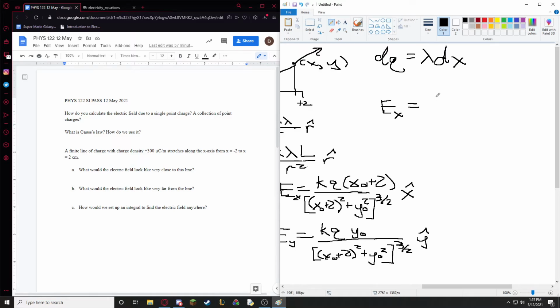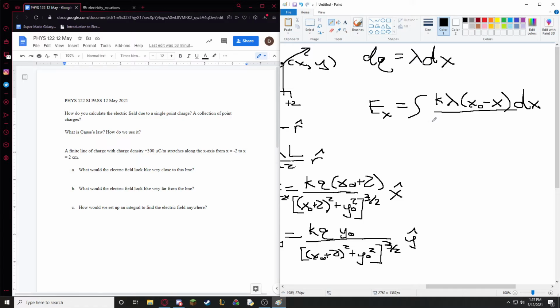So Ex is going to be the integral of k lambda, and because our 2 here is actually going to be x naught minus x, k lambda times (x naught minus x) dx over ((x naught minus x) squared plus y naught squared) to the 3/2, from -2 to +2.